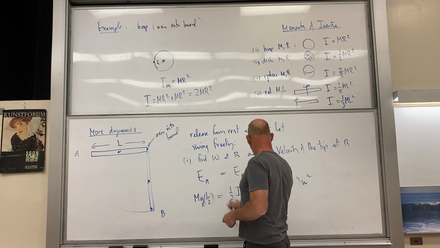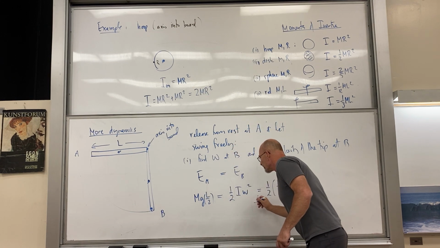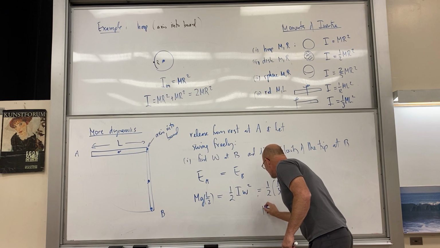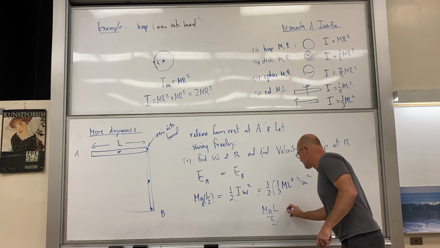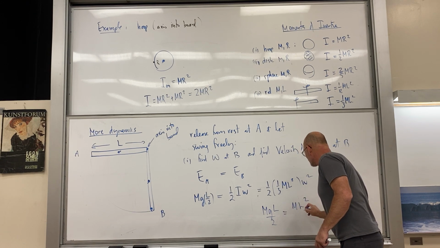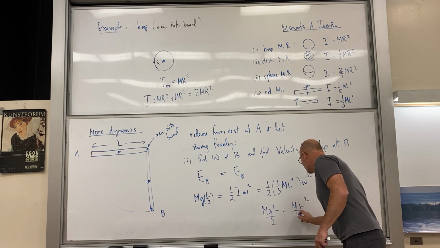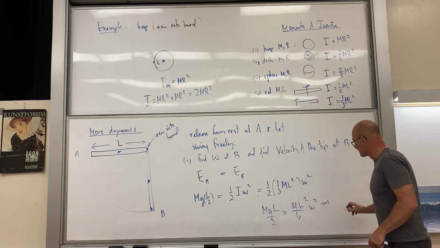So we wanted omega, and we can just say m g L over 2 is equal to m l squared over 6 omega squared, and solve for omega.